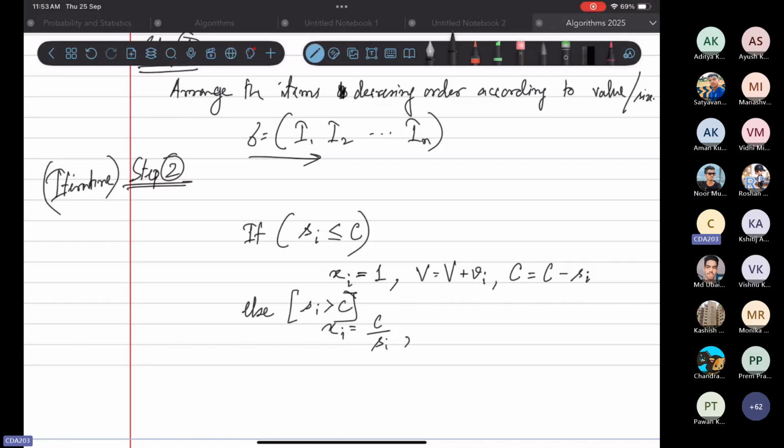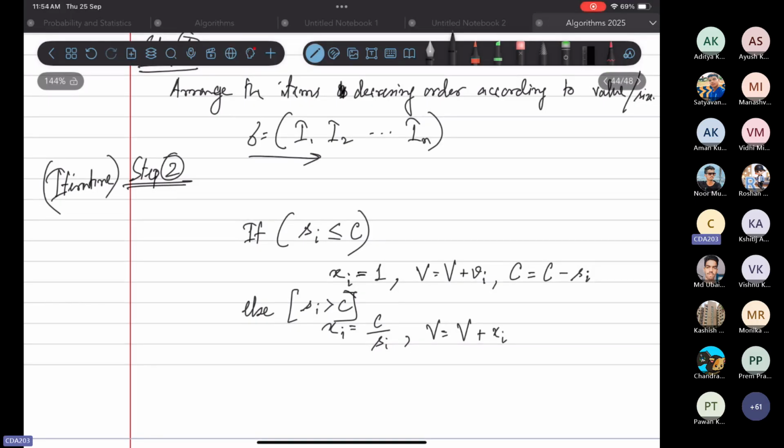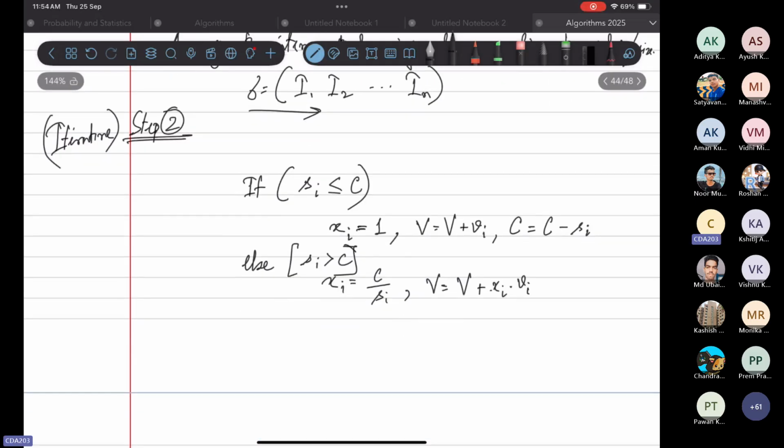But in this case, when you are taking some fraction of it, what would be the value of this? The value will be xi times vi, right? Okay. And can you tell me what would be the value of C now? If I choose some fraction of the item, what would be the value of C now?